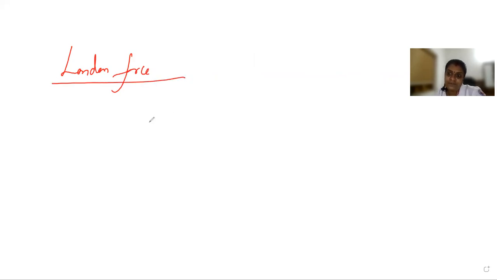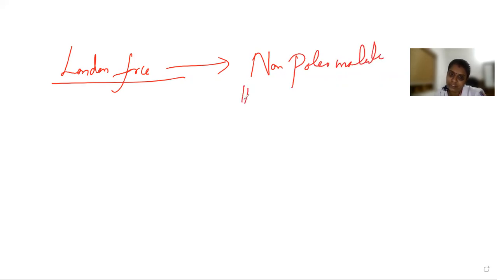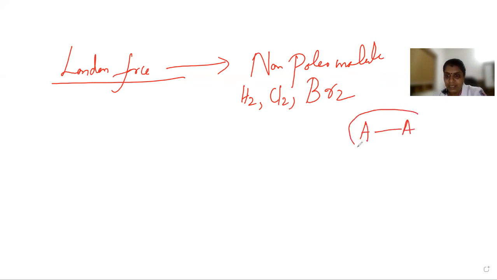London force usually exists in non-polar molecules like H2, Cl2, Br2, etc. If you take such a non-polar molecule, we know that the electron is continuously moving around the nucleus.